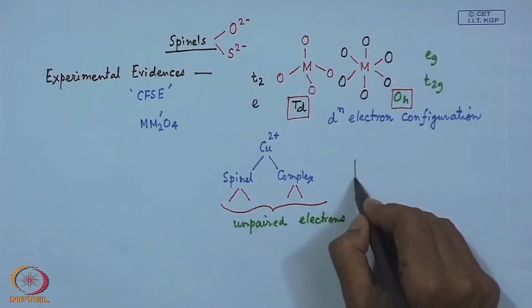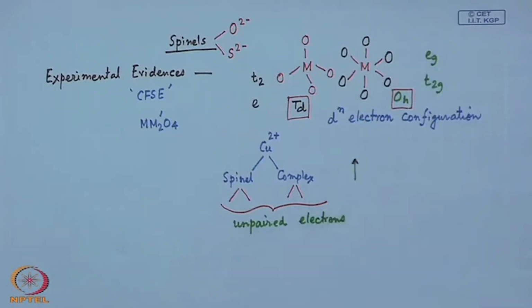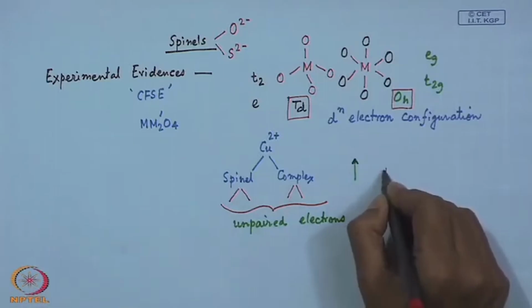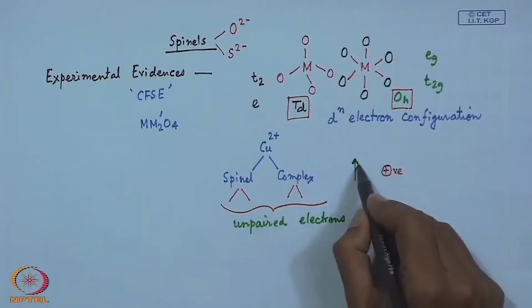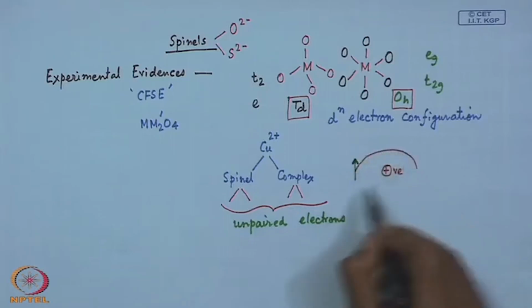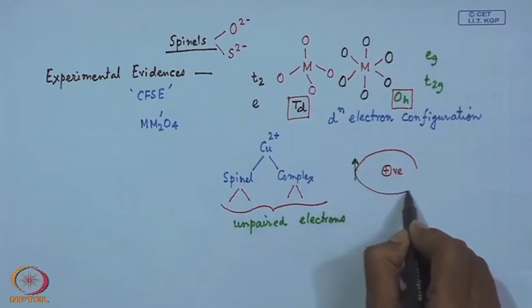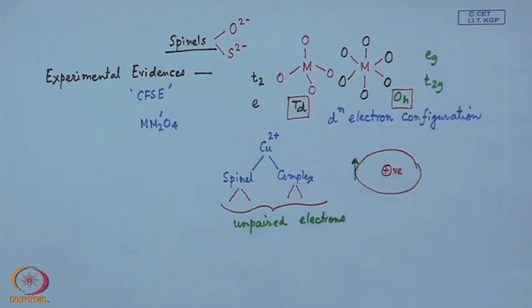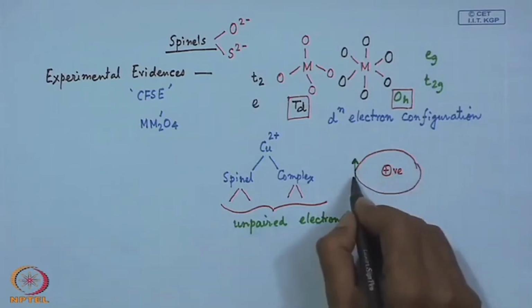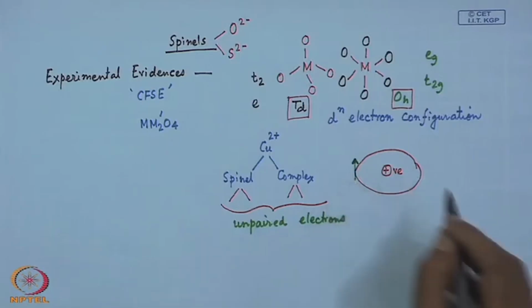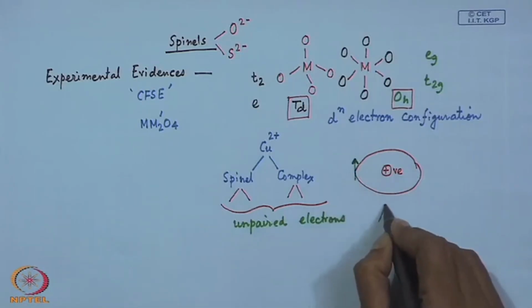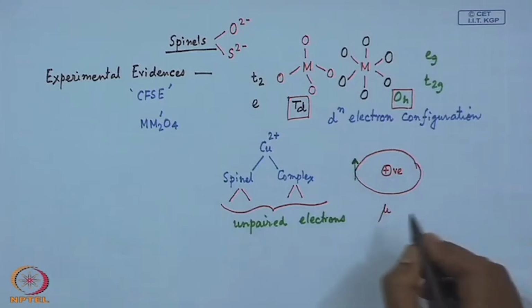So, if we have the unpaired electron, we will see that it can rotate around the positively charged nucleus, and due to its spin contribution as well as its orbital contribution, it can give rise to the corresponding magnetic moment.